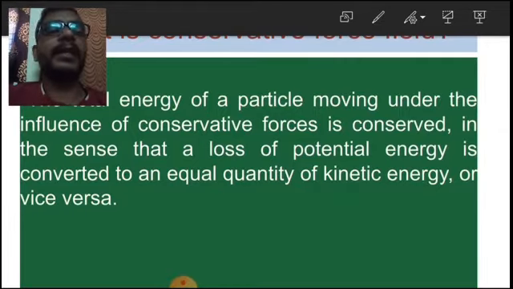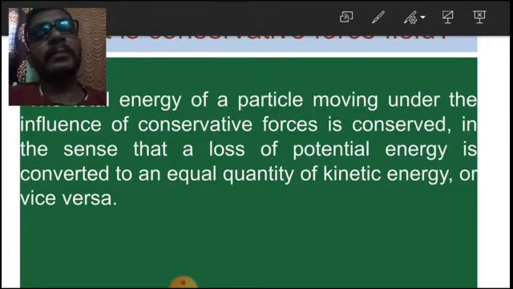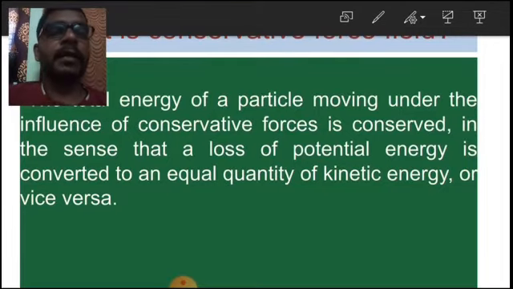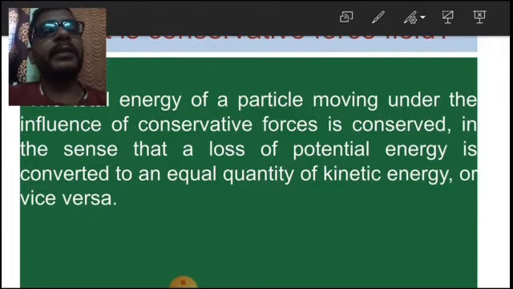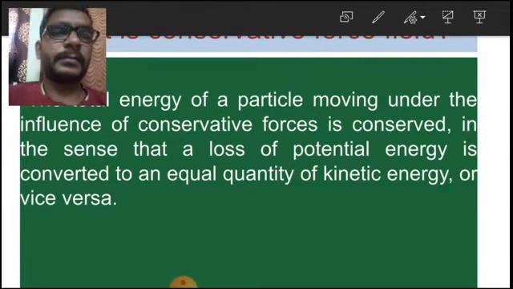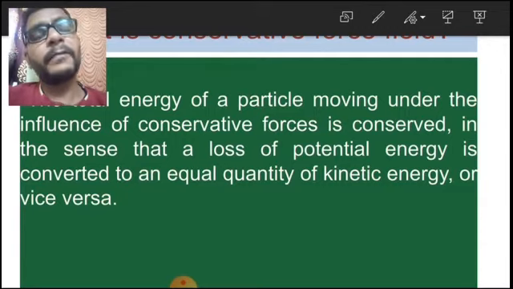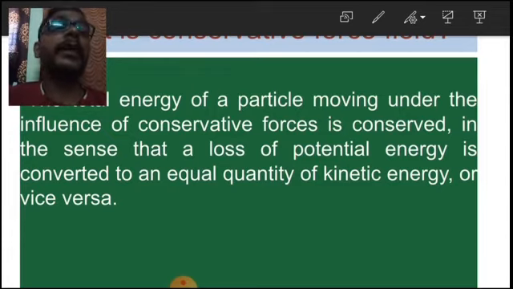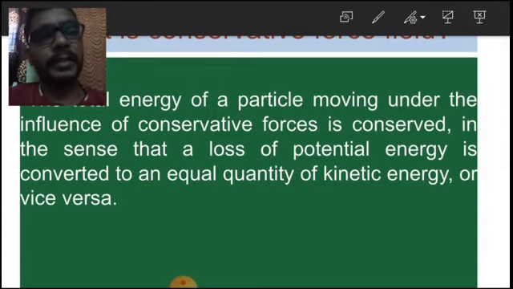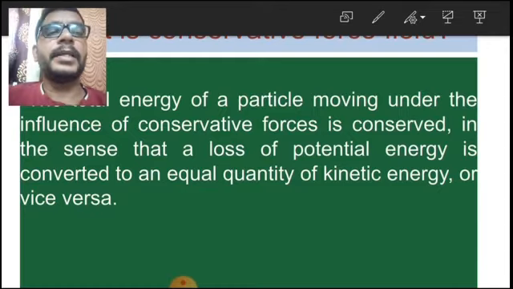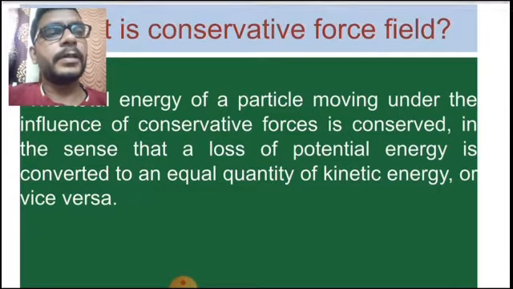But when that plane is in the sky, it has potential energy, that means some height from the ground, then the potential energy is written as mgh, and also its velocity, kinetic energy is half mv square, right? That is the addition of total energy, addition of potential energy and kinetic energy, we got some value. But when it is on the land, it has only kinetic energy, we have some value, both values are same if it is conserved field. Okay, right. Let us move on to another one.